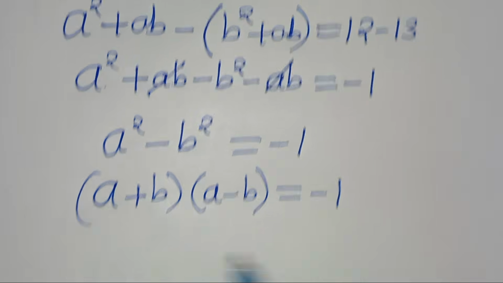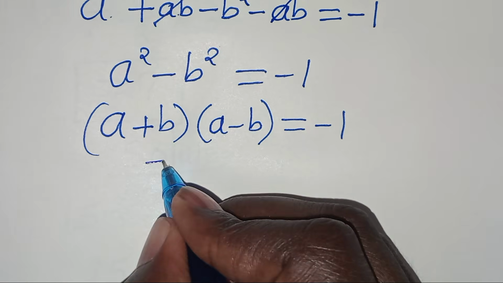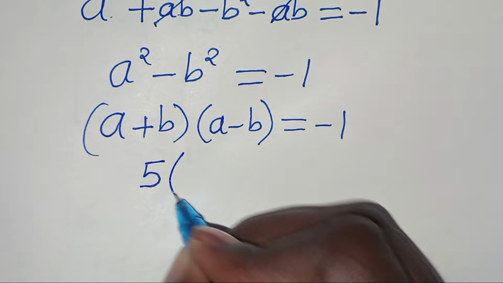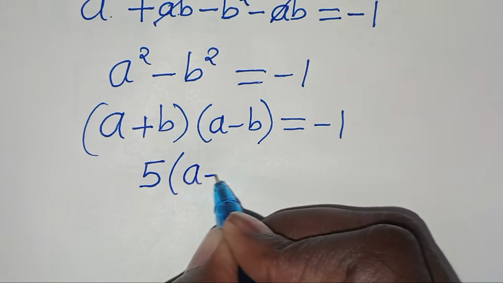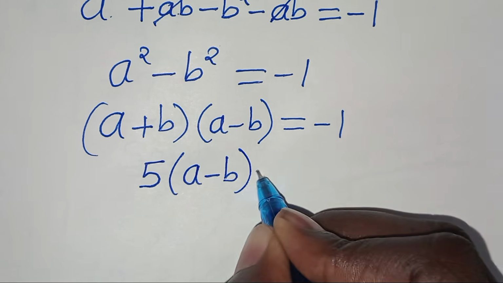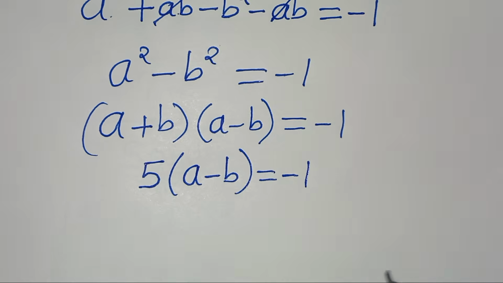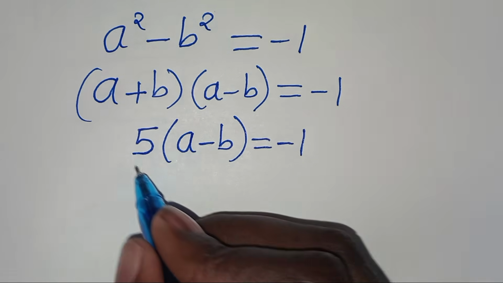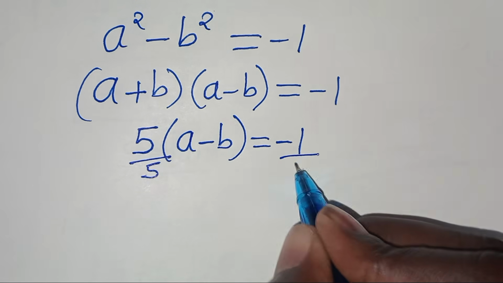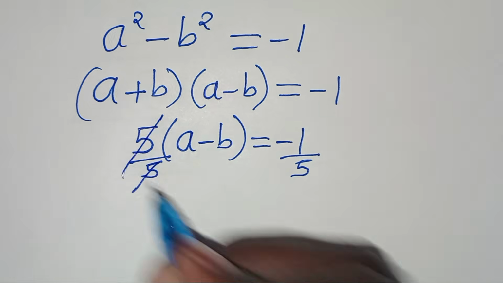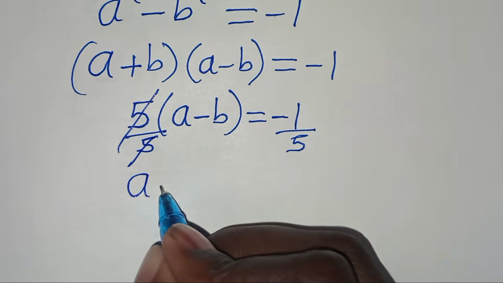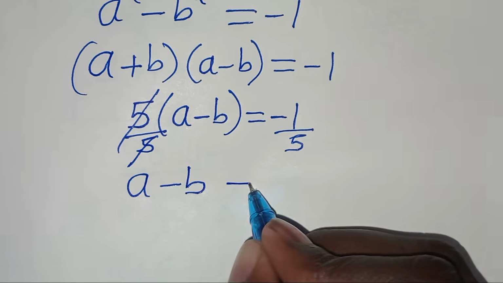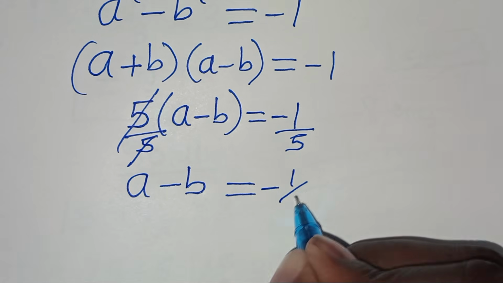So we can substitute 5 into the parentheses, so we have 5 times a minus b equal to negative 1. Let's divide both sides by 5, and this implies that a subtract b is equal to negative 1 over 5.